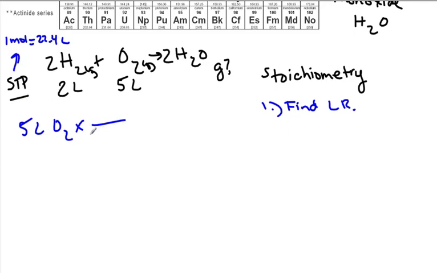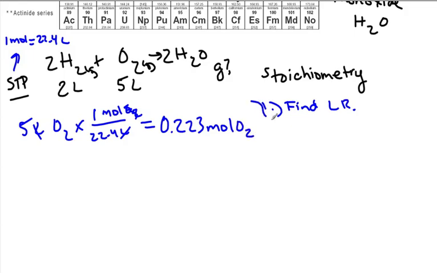So 22.4 liters goes on the bottom, remember, because we're going to cancel out the liters, and we have 1 mole of O2 at the top. Well, we're not going to worry about O2. That's going to be regardless. So 5 divided by 22.4 equals 0.223 moles of O2. So let's just draw a line right here and go down here.